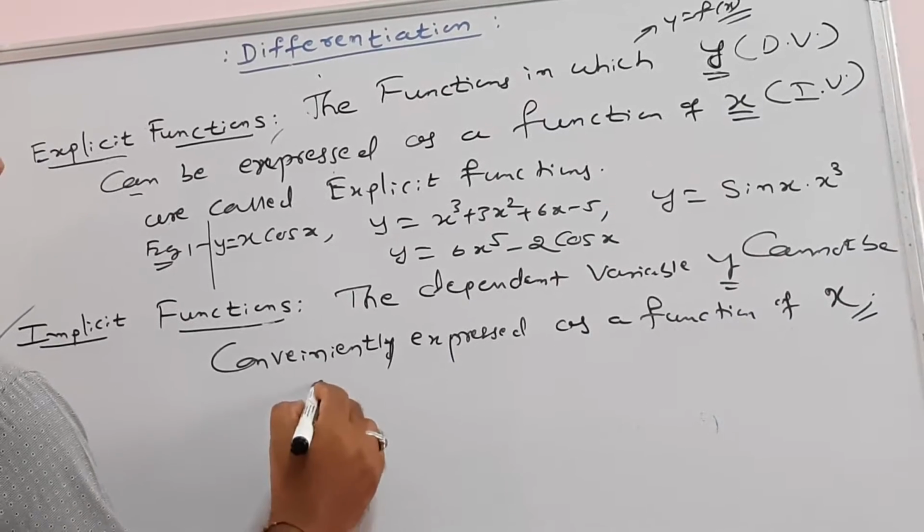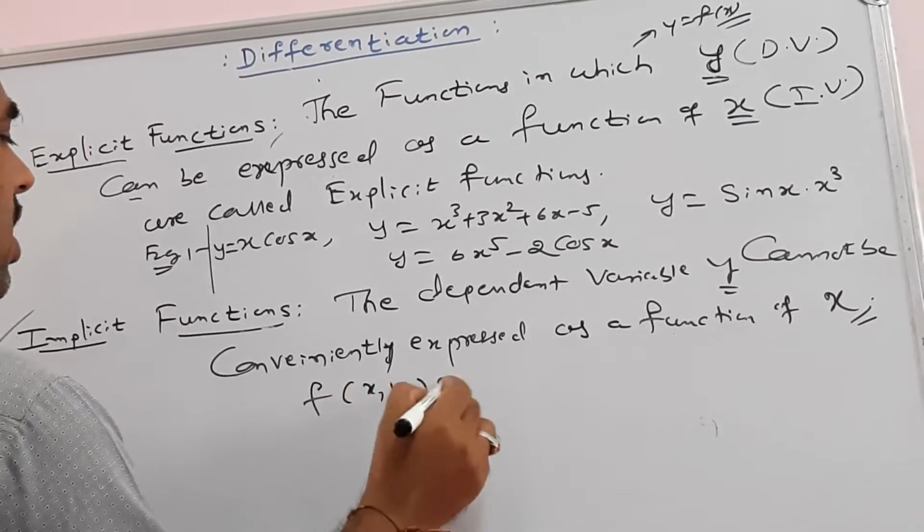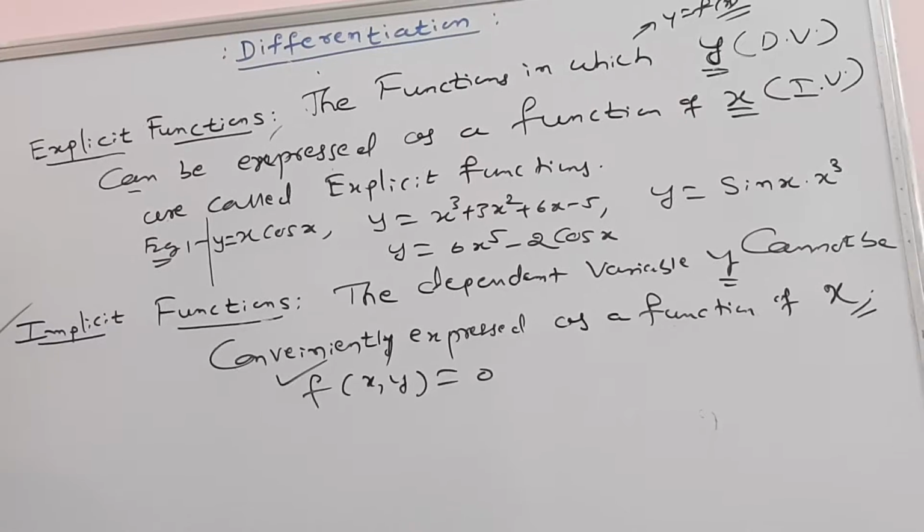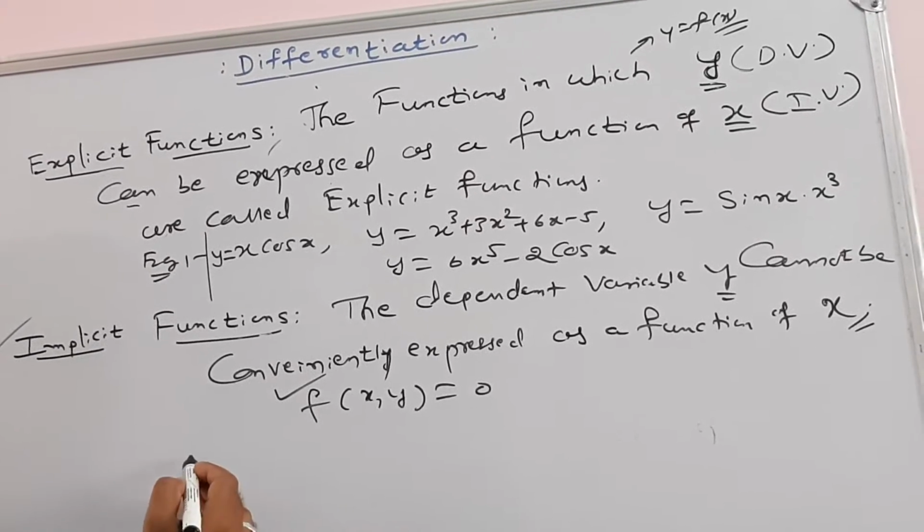Generally, implicit functions are of the form f of xy is equal to 0.